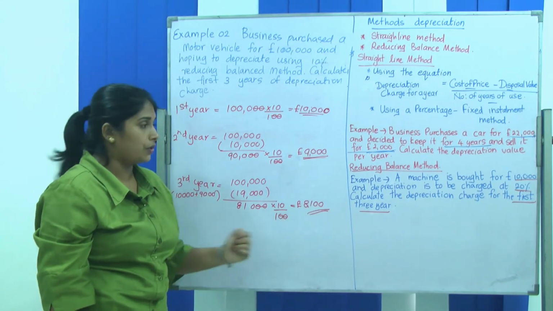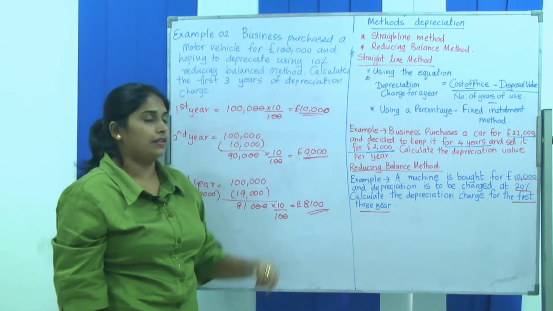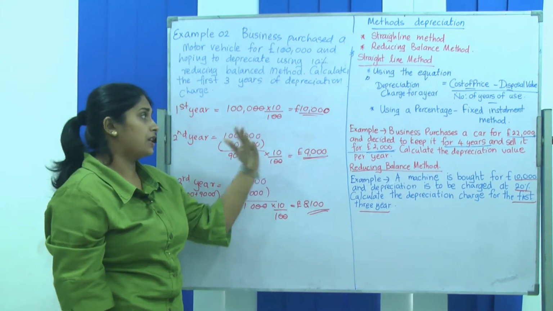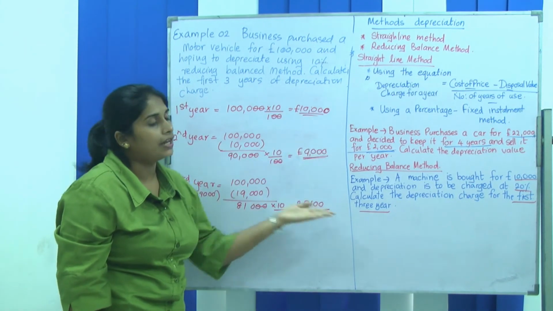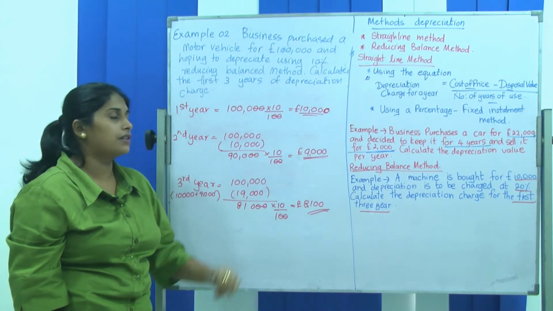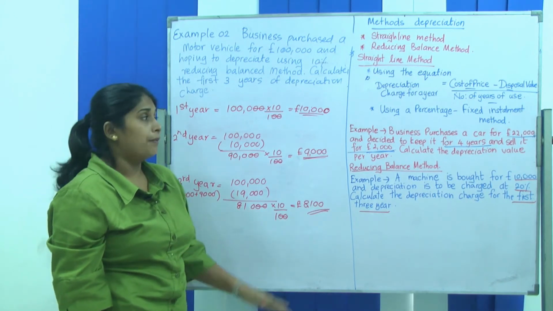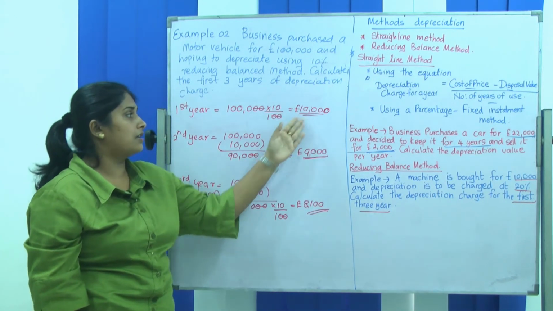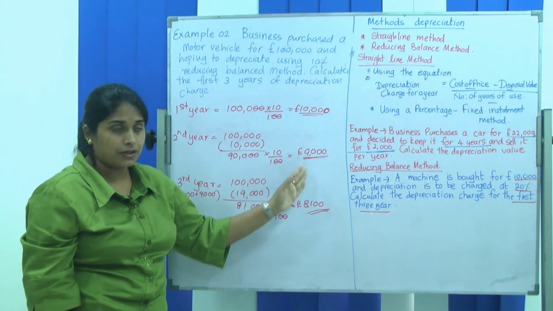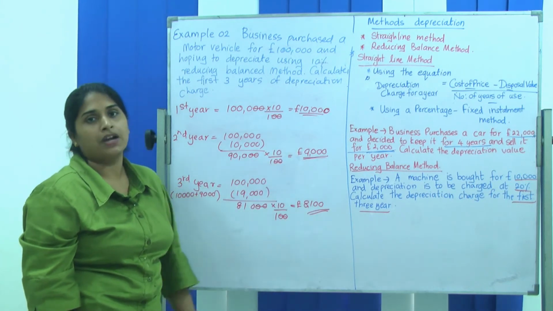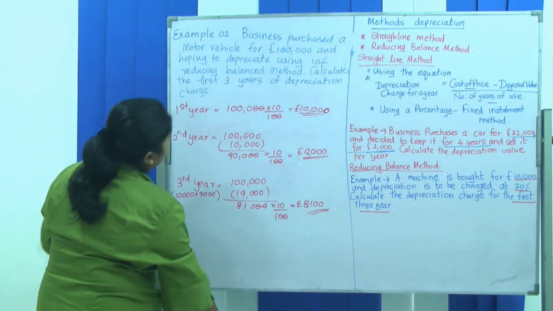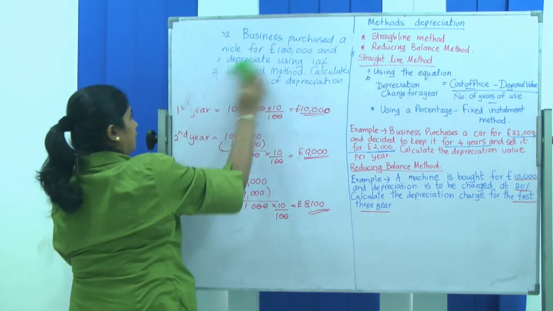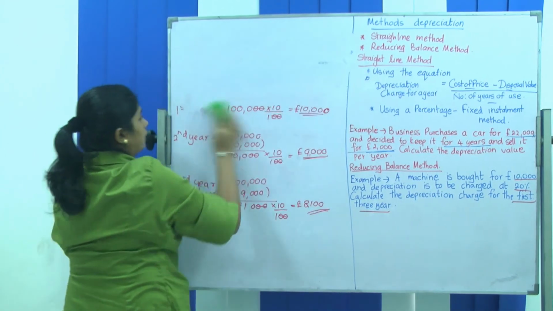But the straight line method differs. If you calculate 10,000 in one year, then for all the other 3 or 4 years it continues as 10,000. But the reducing balance method changes annually, it reduces until it becomes zero. Now I'll do a comparison of both methods to make you understand more.